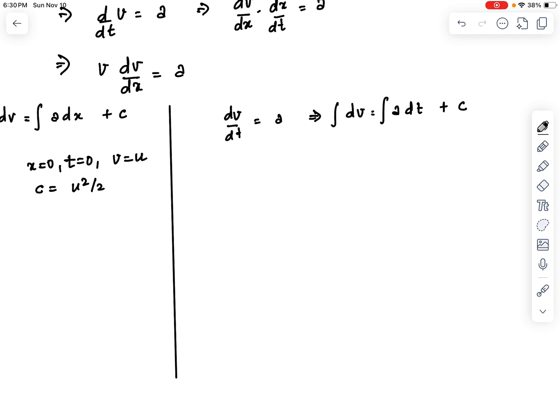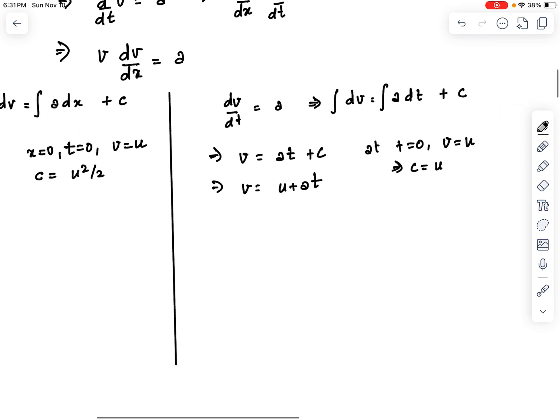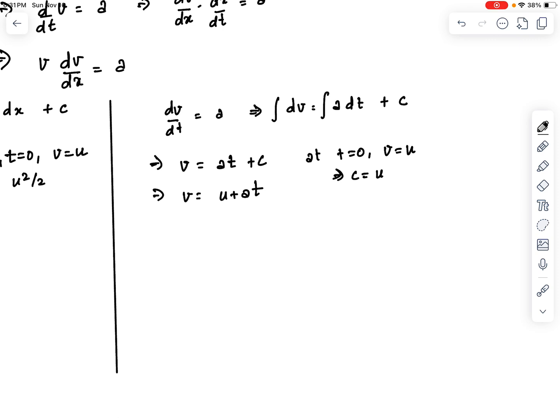So we have v equals at plus c. So at t equals 0, v equals u. Therefore, the constant term equals u. Therefore, v equals u plus a times t. Okay, so that's a very interesting observation, right? So we have derived the second of the equations.